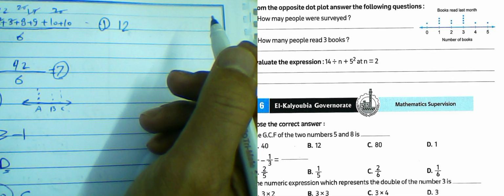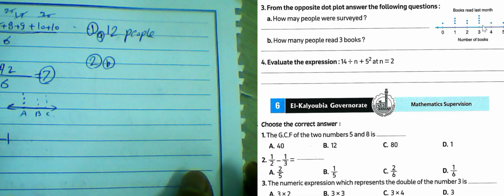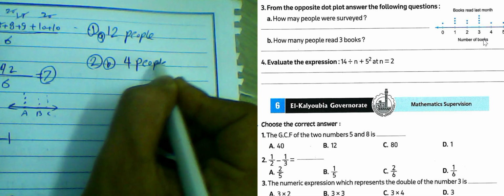Question number 1, we have 12 people. Number 2, how many people read 3 books? We have 1, 2, 3, 4. We have 4 people. Okay.